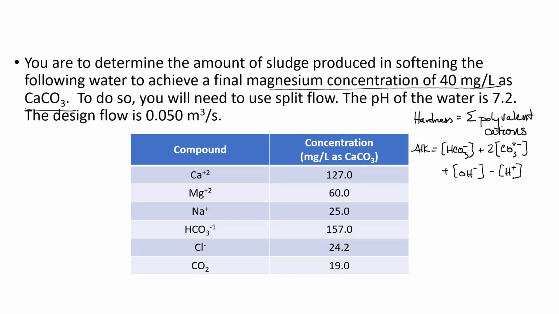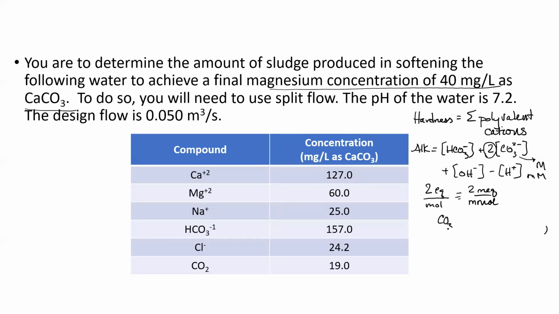Okay. Notice here that there is a 2 before the carbonate concentration. And the carbonate concentration here is in molar units or millimolar units, millimoles per liter. So that 2 comes from the fact that there are 2 equivalents or 2 milliequivalents per millimole for carbonate. Why?